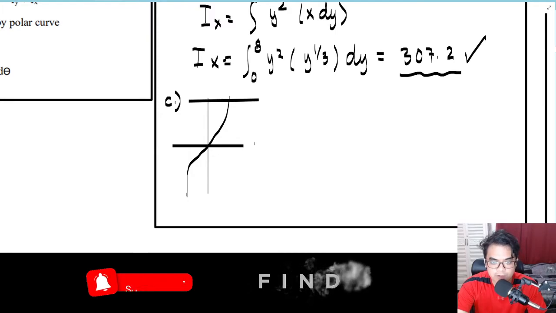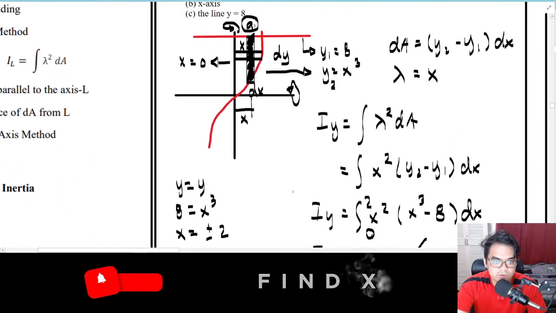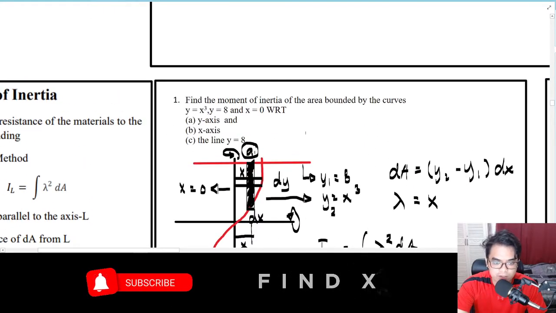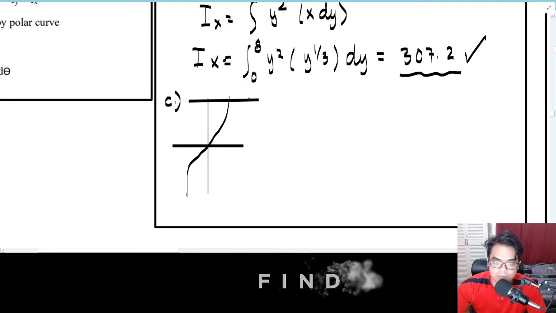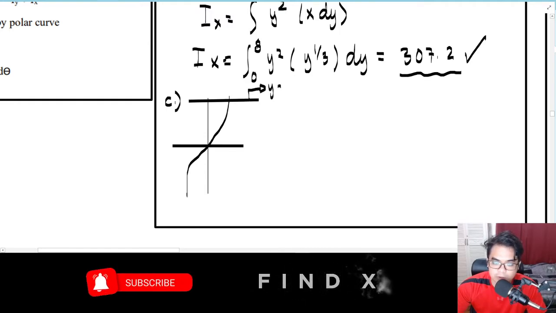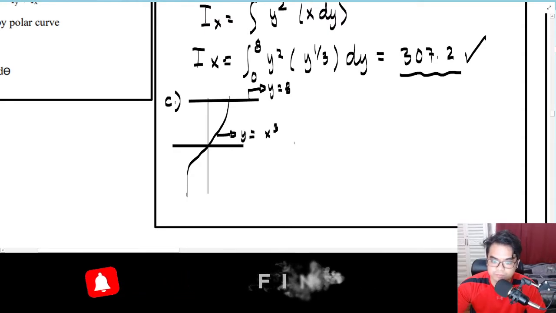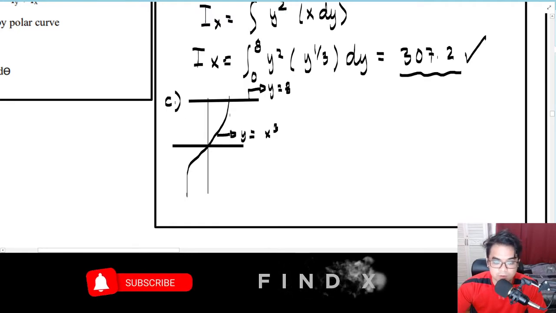Okay, so we have the letter C, which is now we have to rotate it at the line y equal to 8. So I already drew it again. As you can see, this will be y equal to 8. And now the revolution is here.